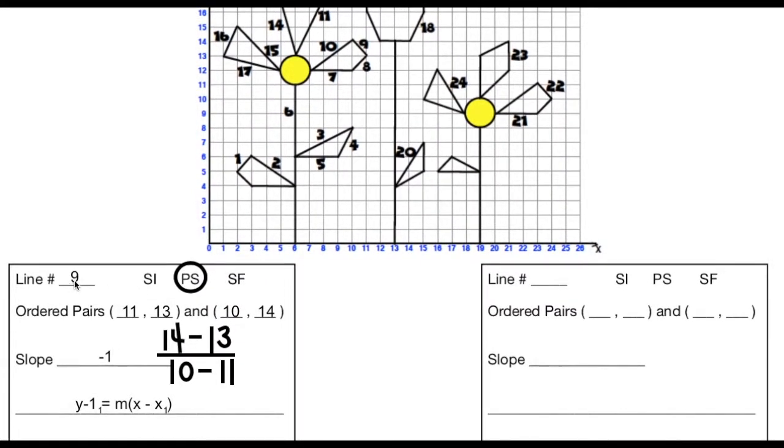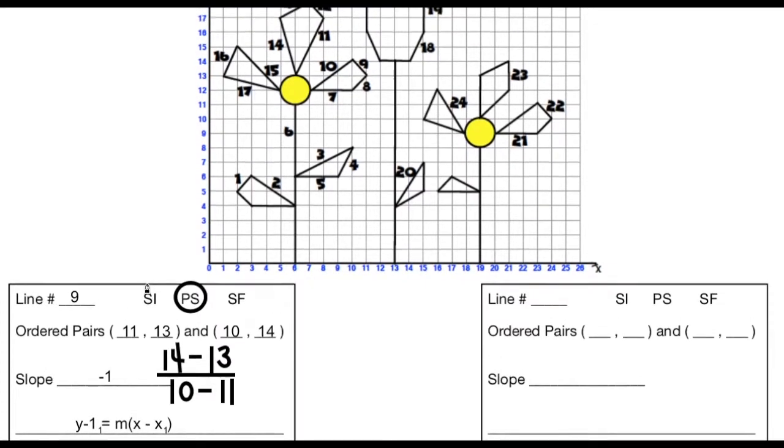So I went ahead and filled in line number 9 right here, and then I put the two ordered pairs, (11, 13) and (10, 14), that make up that line. Then I'm going to do this one in point-slope form.